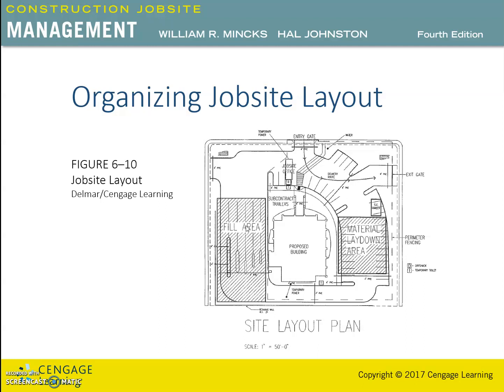A number of references can be used for determining the job site layout. These include the construction documents. In construction documents, especially the Division 1 of the General Requirements of the Project Manual, the site plan, architectural drawings, mechanical and electrical site plans, and elevation and building sections can be used for creating the job site layout.